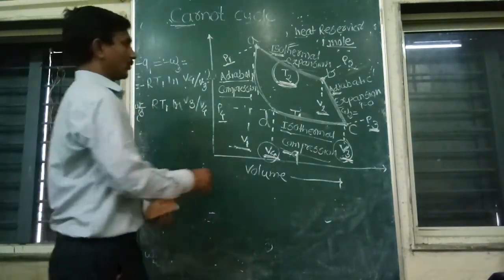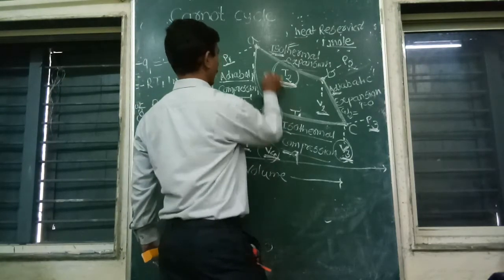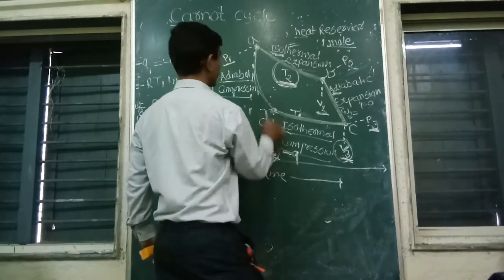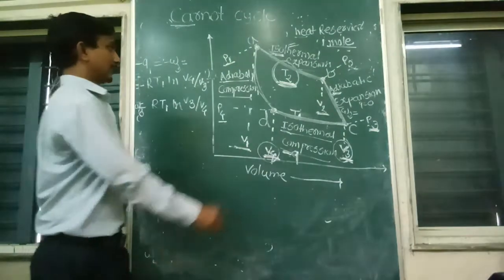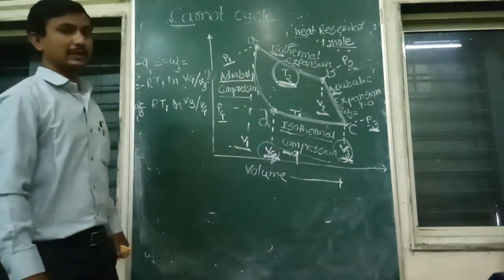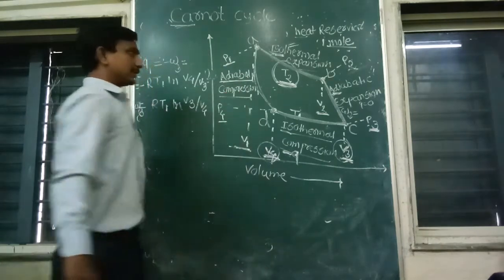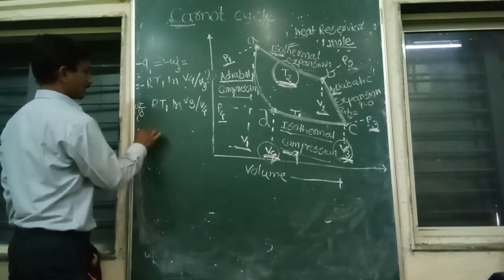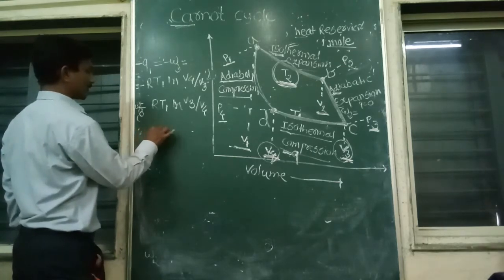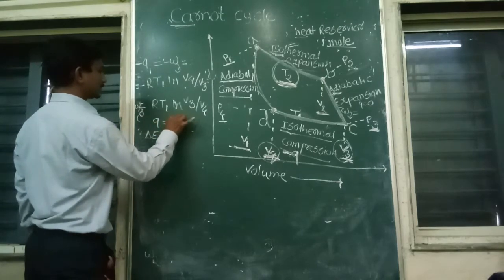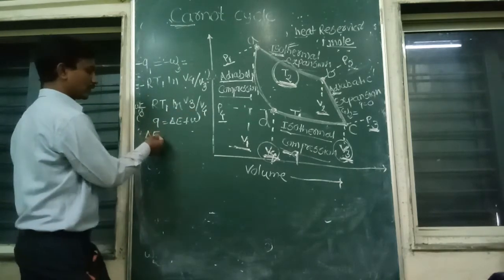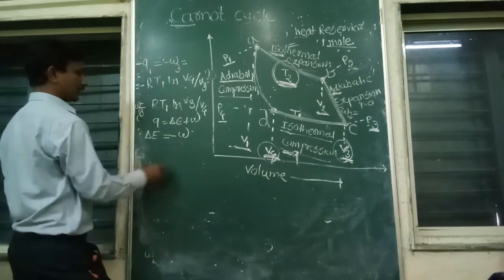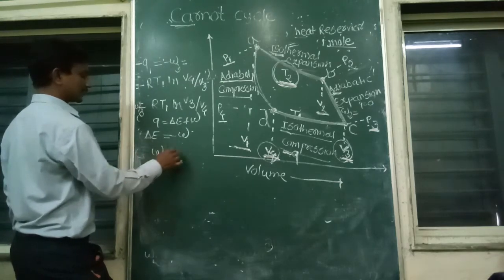Now we have to see step 4, where the volume V4 changes to volume V1. Here adiabatic compression, condition is Q is equal to 0. So according to first law of thermodynamics, Q is equal to delta E plus W, where Q is equal to 0. So we will get delta E is equal to minus W. Here work done takes place at step four.